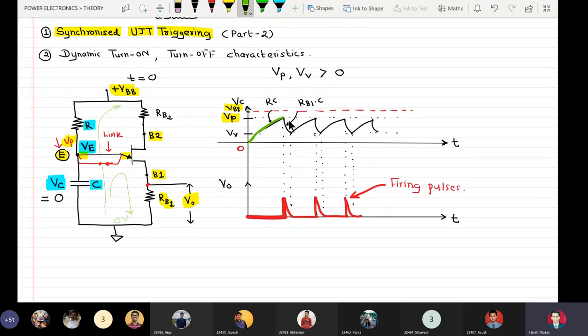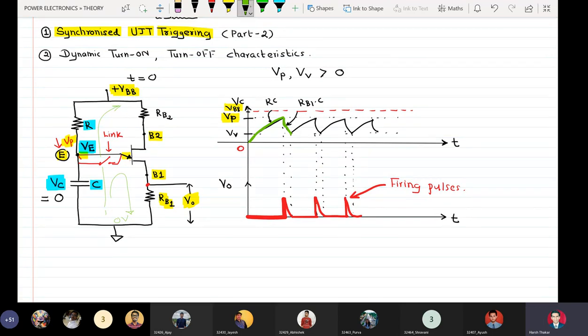At VP, the link closes and the capacitor starts discharging towards ground, and when it encounters the lower threshold value, the valley point voltage, again this link will open like this, and the capacitor will again start charging.